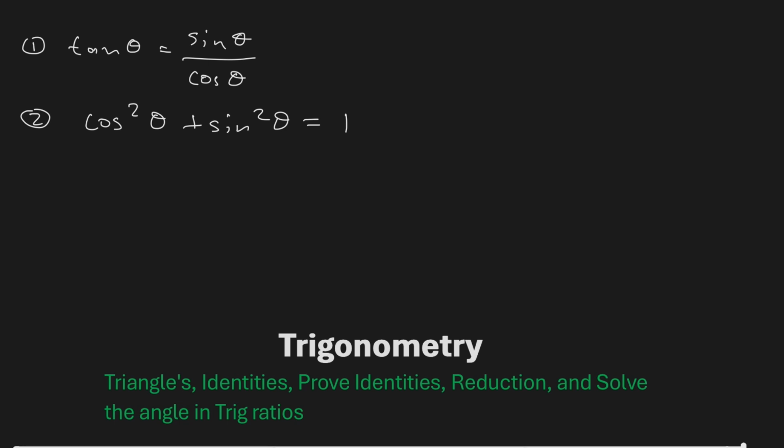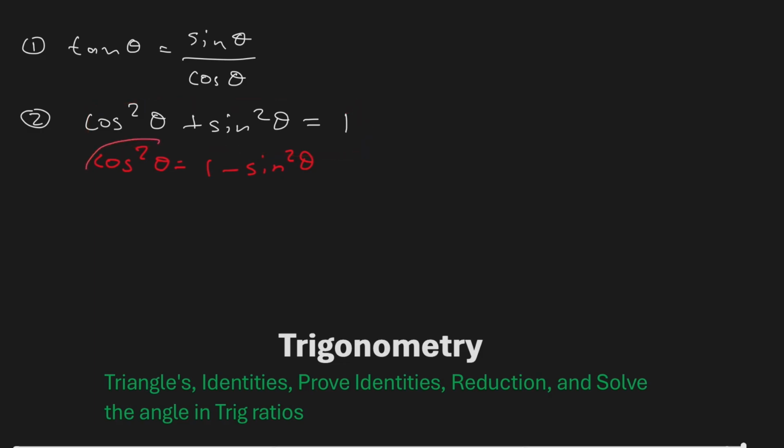Look at this. If you make cos squared the subject of the formula, you're going to have 1 minus sin squared theta. So now you have a new identity created from the first identity.